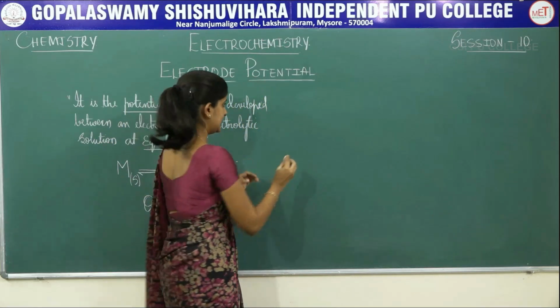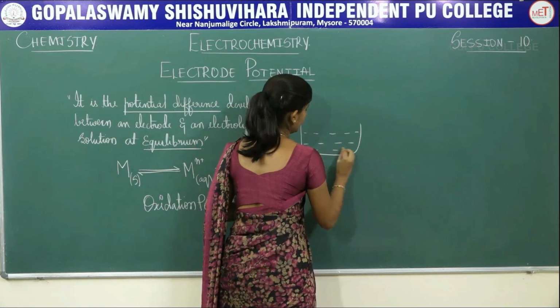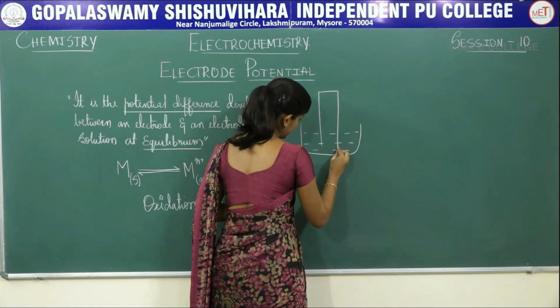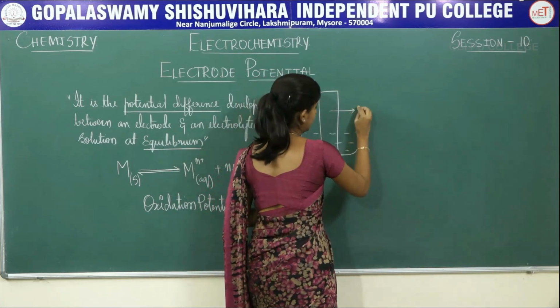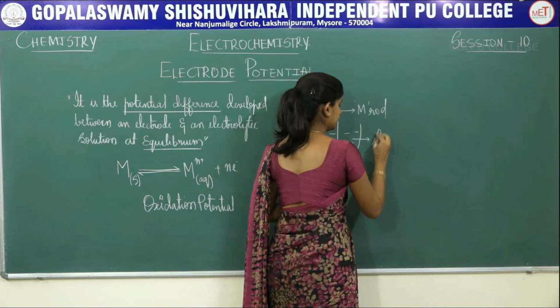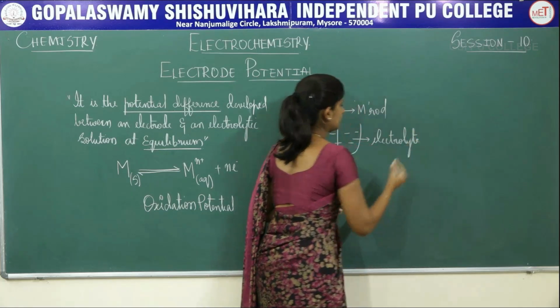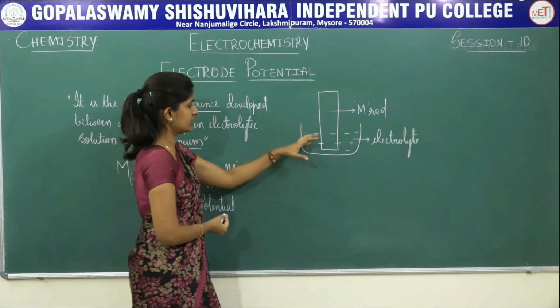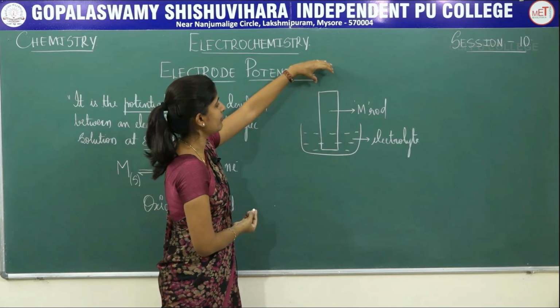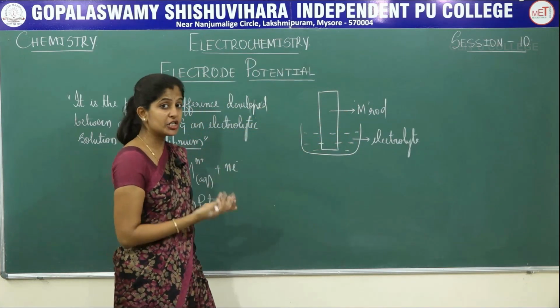So, I will take another illustration. The same thing: you take a container, you have an electrolytic solution, and dip a rod into it. This is your metal rod, this is your electrolyte. Think that in this illustration, if you dip a metal rod into this electrolytic solution, reduction is happening.